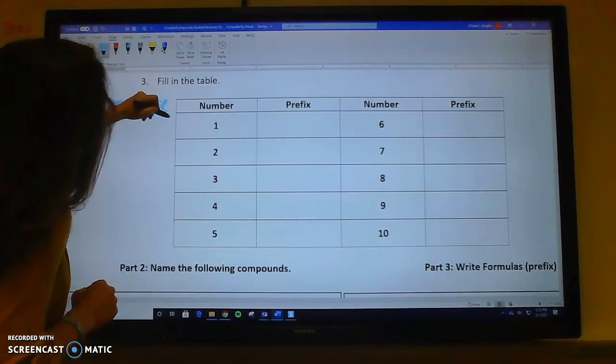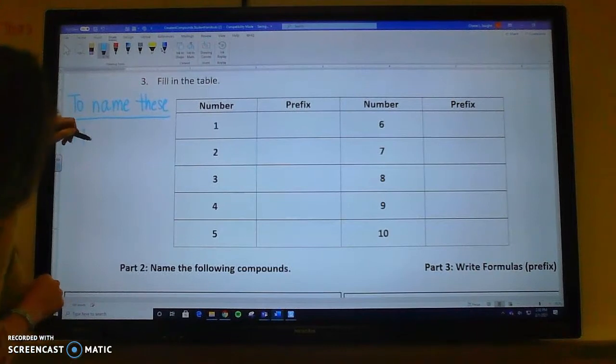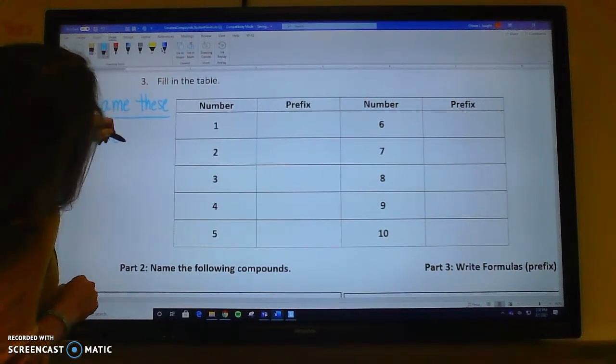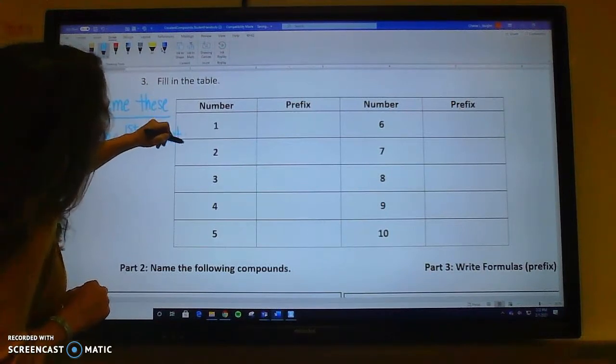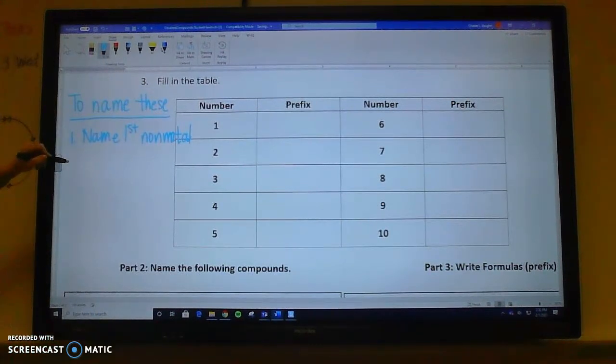So to name these, the first thing you're going to do is name the first nonmetal. The second thing is name the second nonmetal and add IDE.